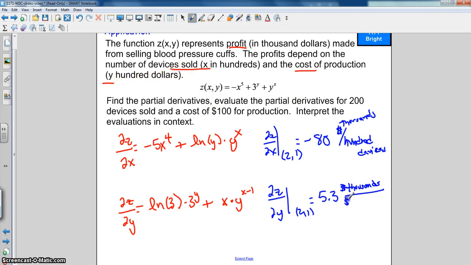So like I said, it's a little weird for the units, but you should still label them.